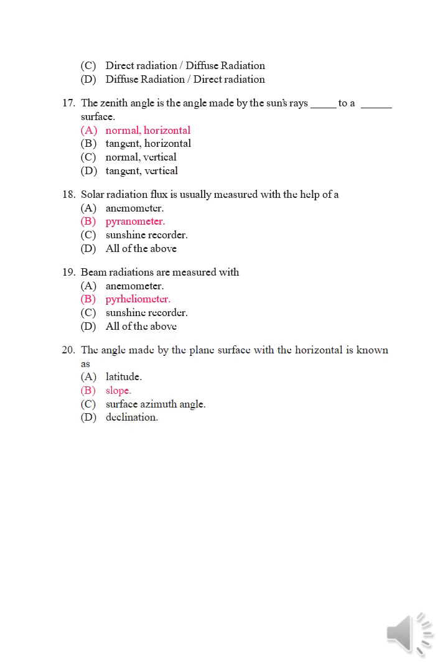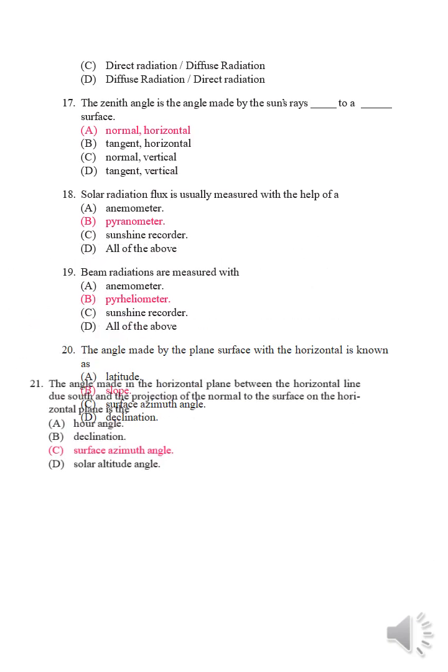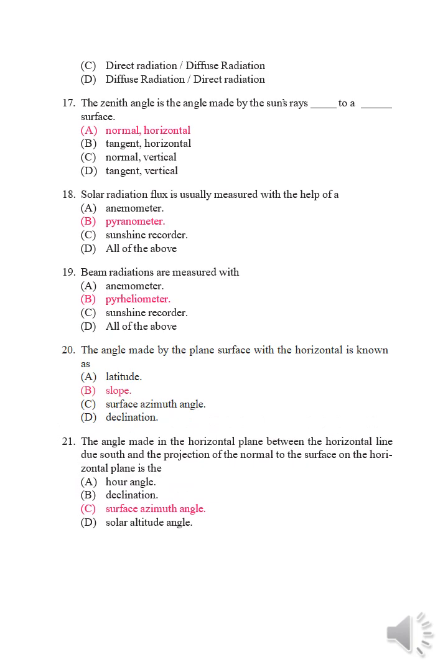Angle made by the plane surface with the horizontal is known as slope. The angle made in the horizontal plane between the horizontal line due south and the projection of the normal to the surface on the horizontal plane is the surface azimuth angle. The surface azimuth angle varies from minus 180 degree to plus 180 degree.